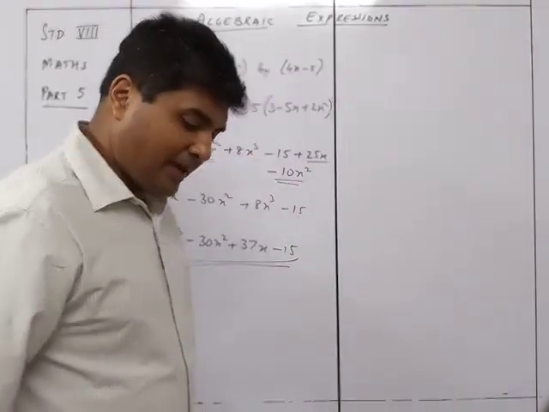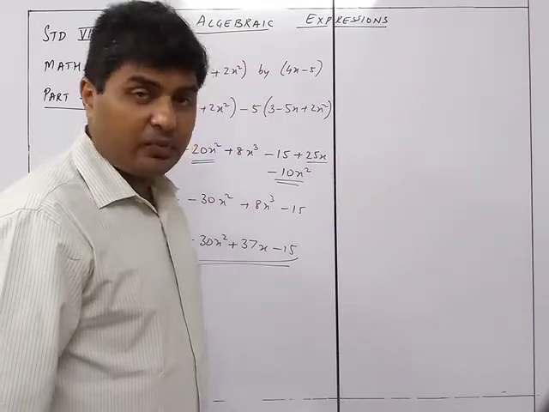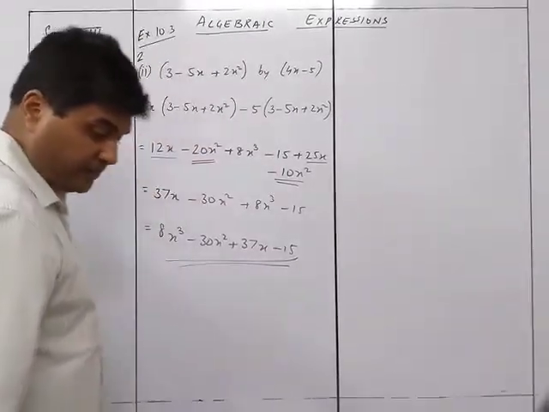We now see the multiplication of trinomial with a trinomial. Okay.